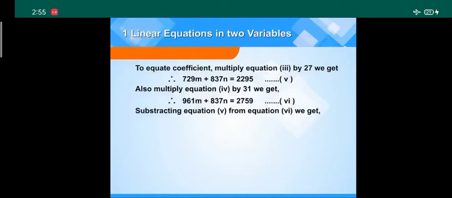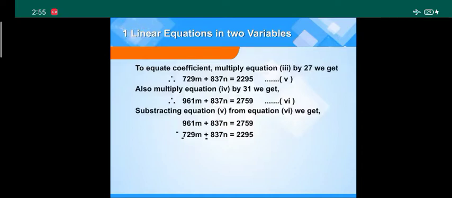Subtracting equation number 5 from equation number 6, we get 961m plus 837n is equal to 2759 minus 729m plus 837n is equal to 2295.